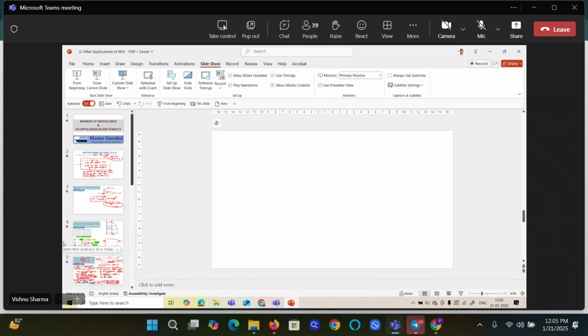Because wall-sided will give us volume, it will give us KG. Then I also explained that we'll assume the tank to be slack. Why? That reason I gave you. And then we came to the solution here. Tomorrow you will call me and ask why we applied FSC in this tank, where is it written that it is slack? So that means you're not paying attention to what is being told.